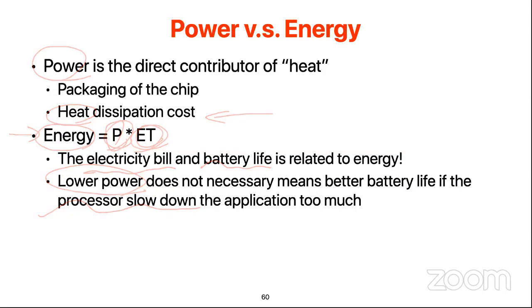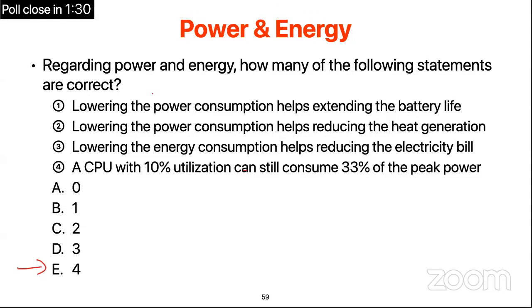If you look at this definition again, how does that change your mind? So lowering the power consumption doesn't necessarily extend battery life, but it definitely does reduce the heat generation.